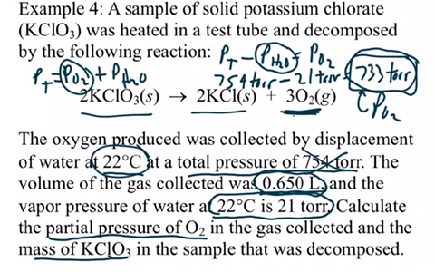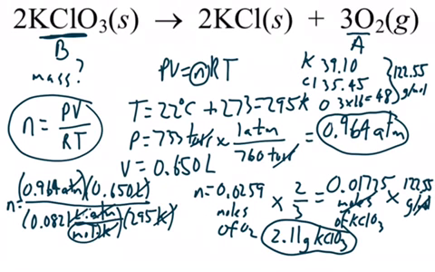So once you subtract the pressure of water from the total, you end up with 733 torrs, that's the actual pressure due to oxygen. Had you used 754, you would have used a wrong pressure. And that's why these problems get to be a little bit tricky. So that's really the only adjustment. Everything else is the same.